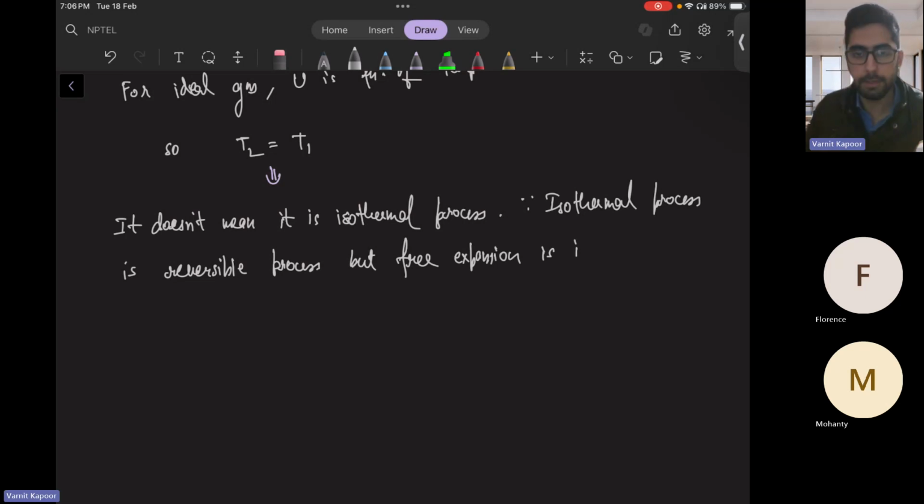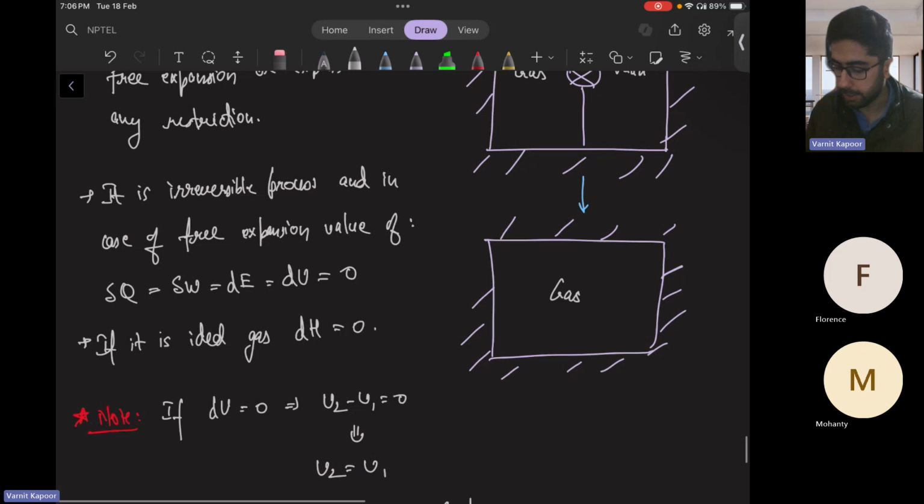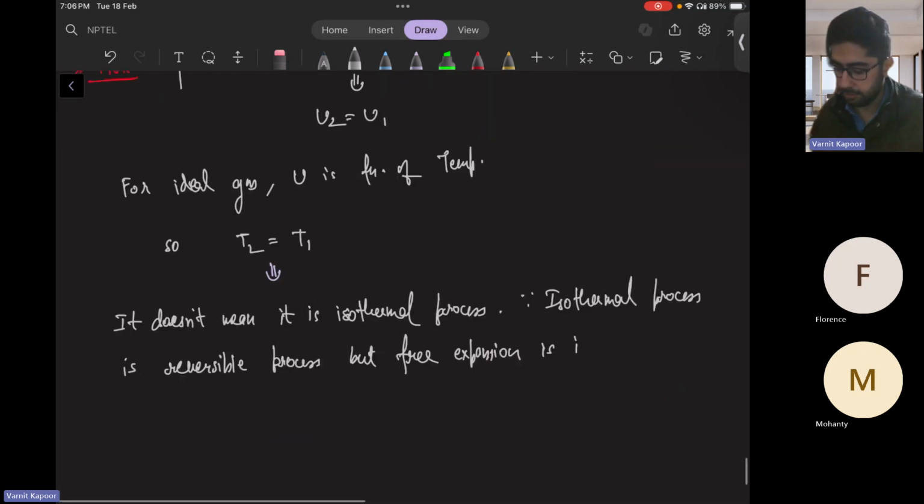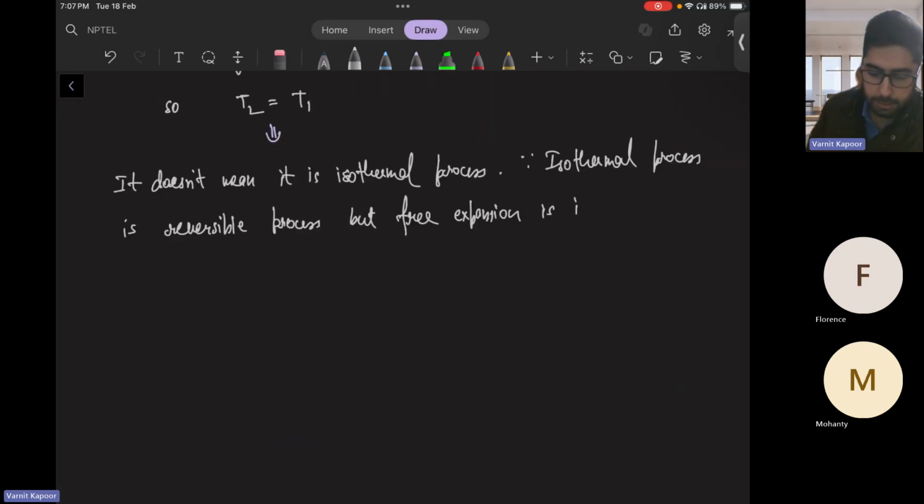Once the throttle has been opened, this valve has been opened, the gas has filled the complete chamber. You cannot change back to create a separate vacuum and gas again in that chamber. Free expansion is an irreversible process.